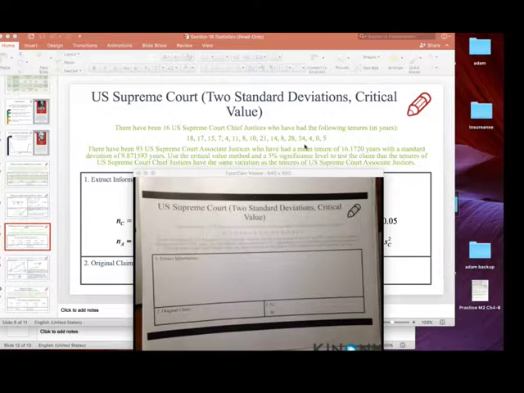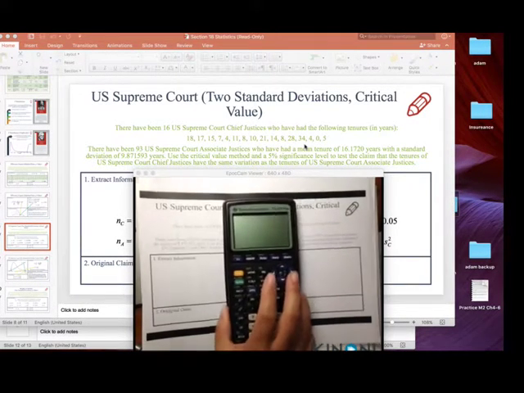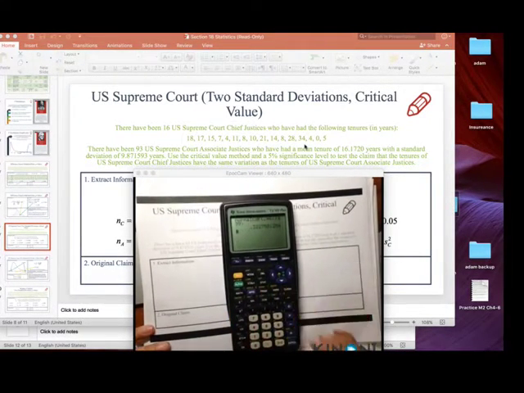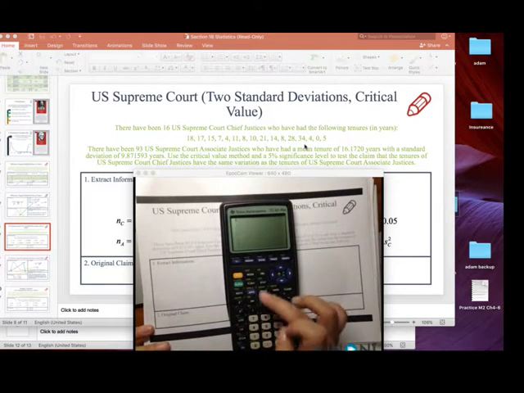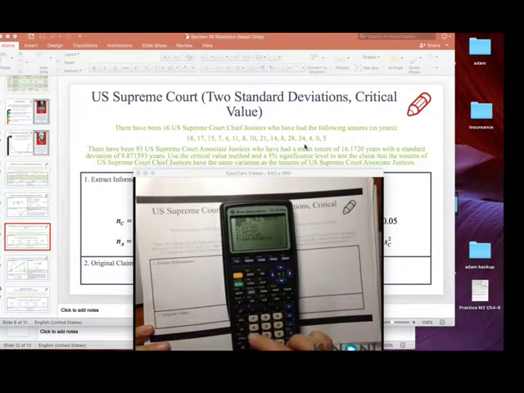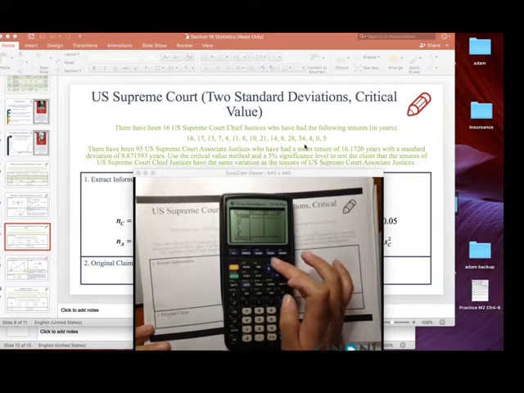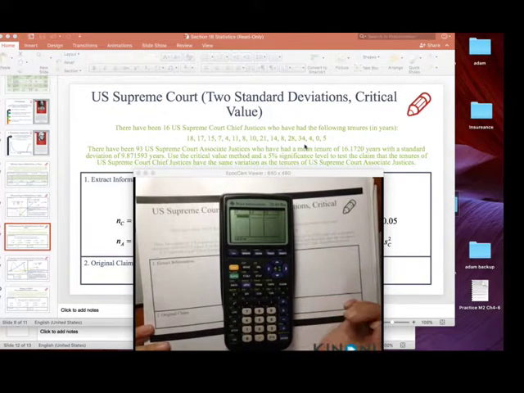And then since we have the data instead of the statistic summary, I'm gonna input this data to my calculator. Okay, so I'm gonna go to the stat, number 1, edit. Let me clear it this way.